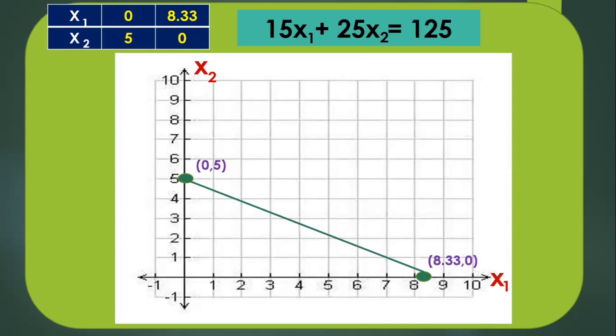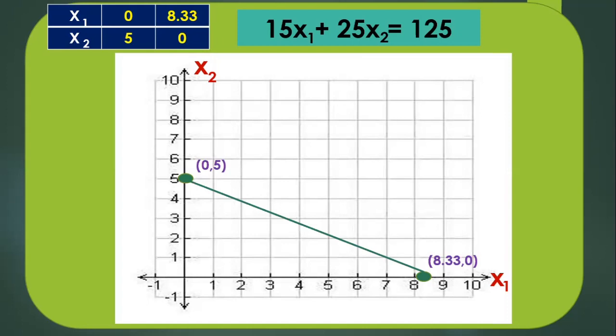Remember, your x sub 1 is 8.33, so that is located there, and your x sub 2 is 0. You can see, this line represents our first constraint, which is 15x sub 1 plus 25x sub 2 less than or equal to 125. Now, the next thing we need to do is to find or plot our second line.